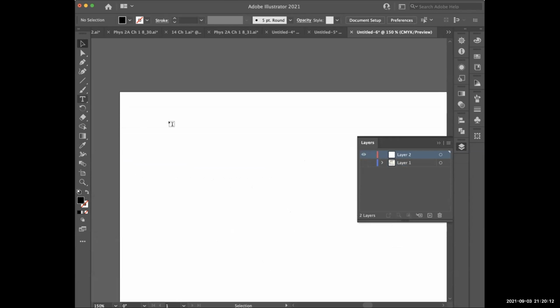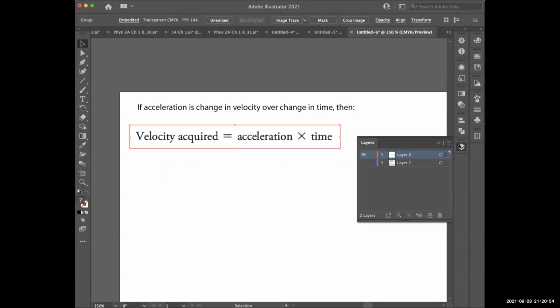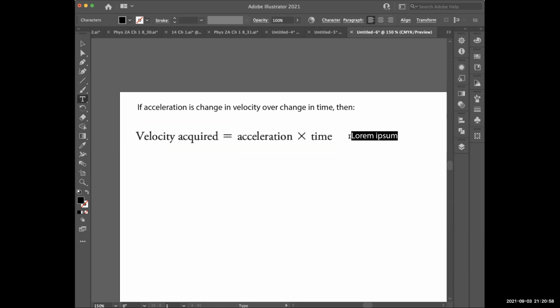So, if acceleration is change in velocity over change in time, then velocity acquired is just going to be acceleration times time, assuming constant acceleration, which we will for most cases.